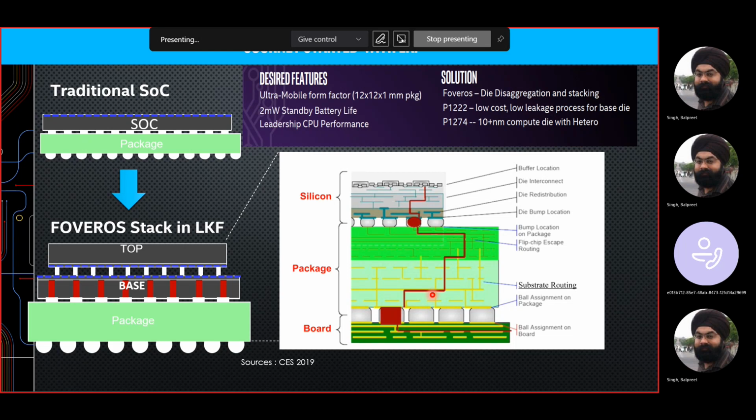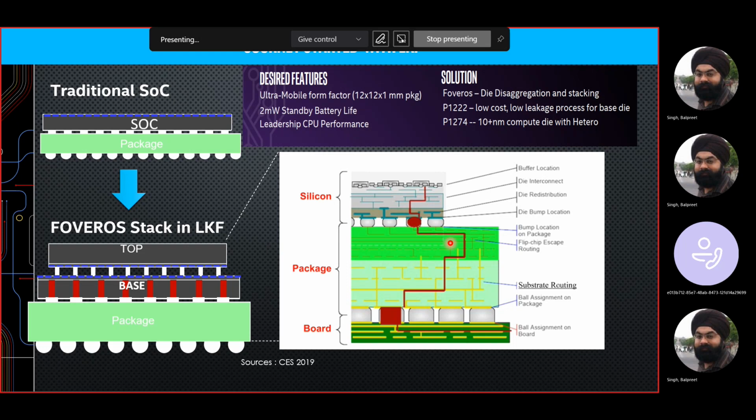Intel may be using something else, NVIDIA something else, or AMD something else. You may be using something else in your startup. So it all varies. Bottom line is that you have to solve these electrical problems. Another interesting problem that comes into the picture is that the heat flow has changed. So thermal and PDN need to be thought about differently compared to how you think in monolithic SoCs.